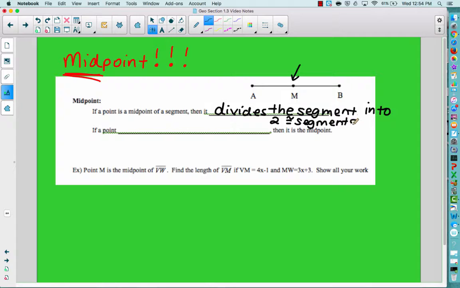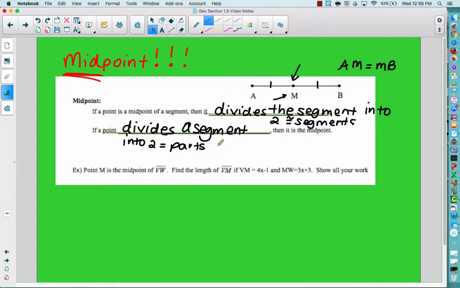So if I tell you that M is the midpoint right here, then I know that AM is equal to MB, and I can mark it with the hash marks. Also, if a point divides a segment into two equal parts, then it actually is the midpoint.